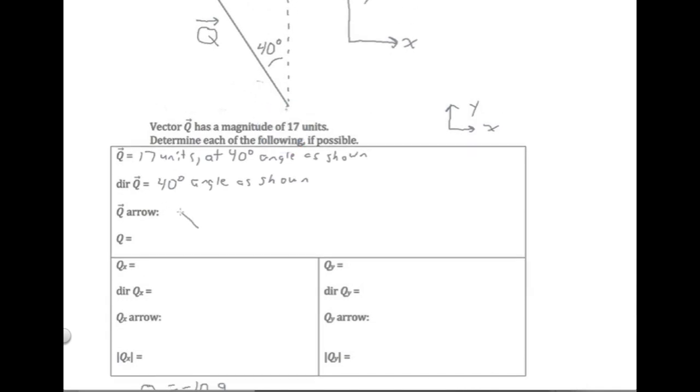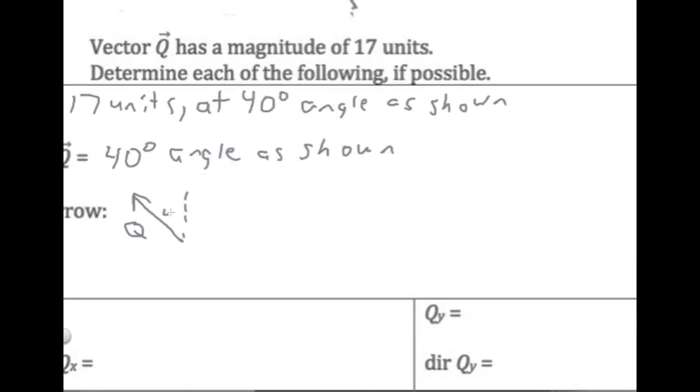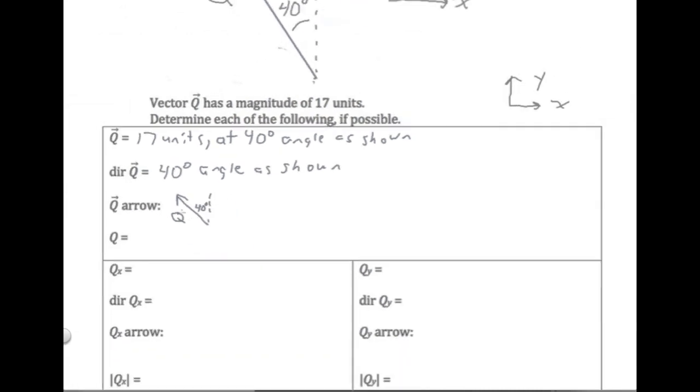So our Q arrow looks somewhat like this. And the magnitude of Q was 17 units.